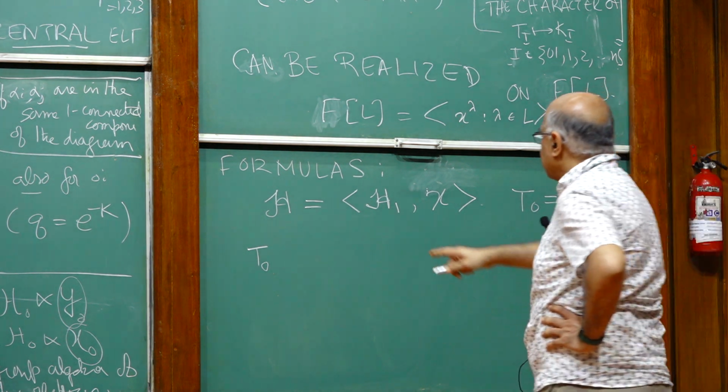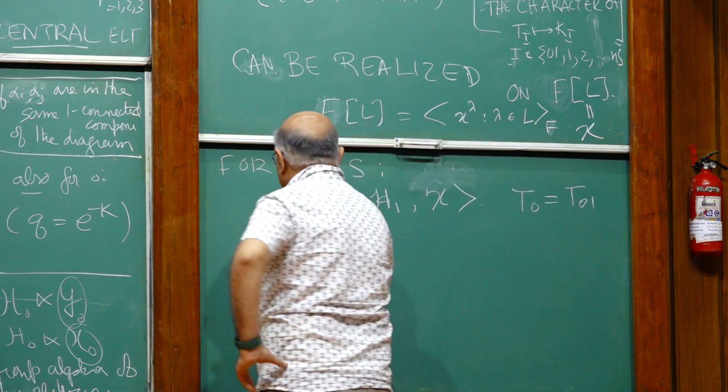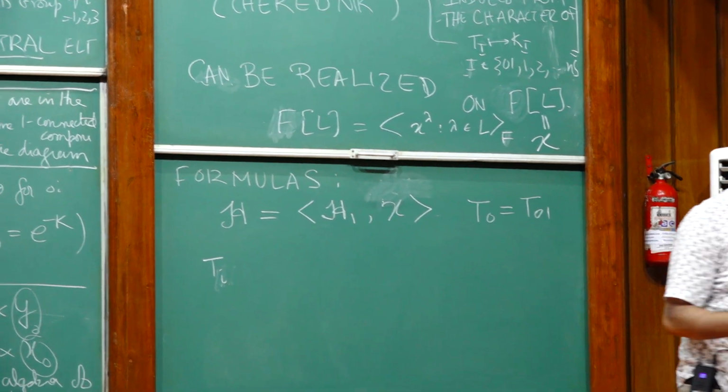Those are the elements in here. Then I can just write Ti of, let's write this formula correctly.